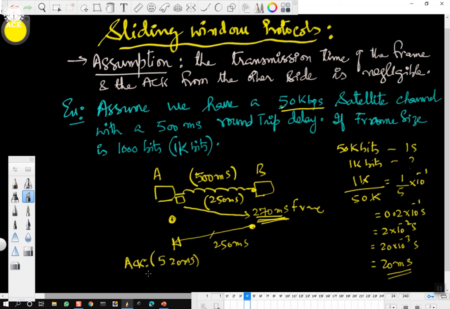So 270 plus 250 is 520. From 0 to 20, the sender was busy sending the frame. From 20 onwards, it was stuck, it was idle. So what is the percentage of idleness? Out of 520, from 0 to 20 it was busy, so the remaining 500 milliseconds it was idle.